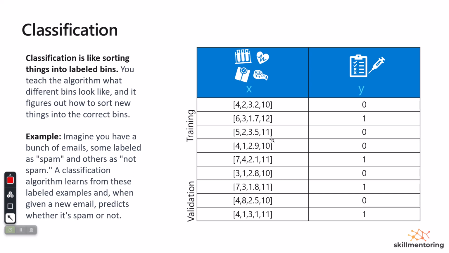The other example which we often see in our email boxes is that when we have a bunch of mails, some labeled as spam and others as not spam, a classification algorithm can learn from these labeled examples, and when a new mail arrives, it can predict whether it is spam or not.